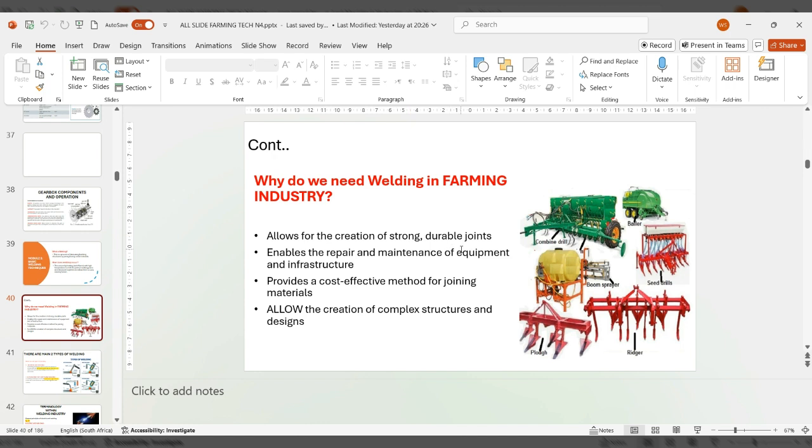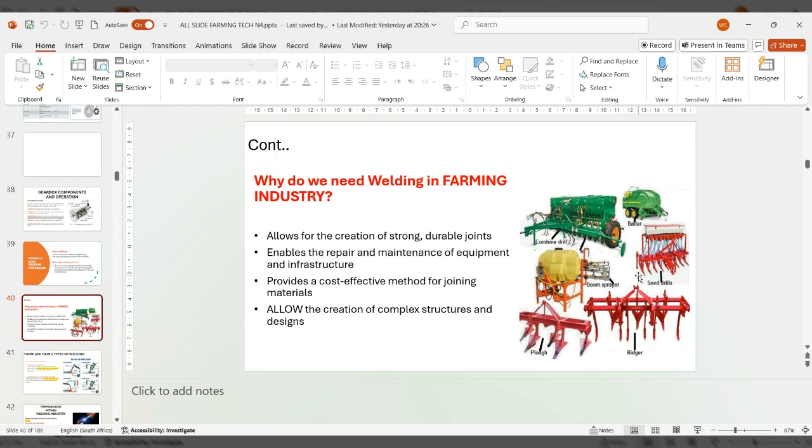That is why we are learning about welding, because we can create durable joints. Where do we create these joints? When we are building equipment or implements. These implements are usually attached to the tractor. So in order to build these materials, we have to weld, and we have to know how to weld.